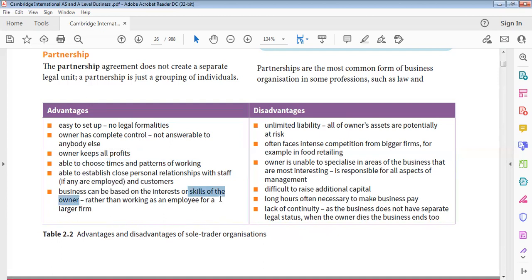So for example, I'm good at, let's say, accounting and finance, right? But my brother is good at, let's say, managing the human resource, managing people. So if you open a business, I can take care of the accounting part, and he can take care of the employees, the workers part. Maybe he can train the workers, maybe he can motivate them to work harder.